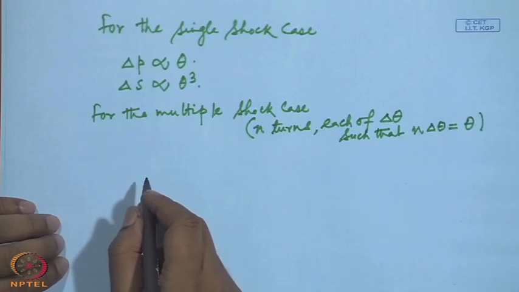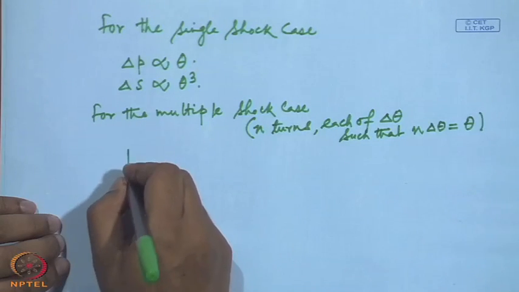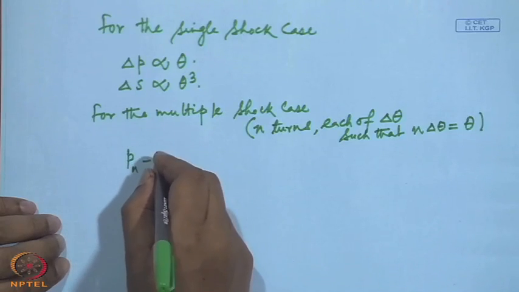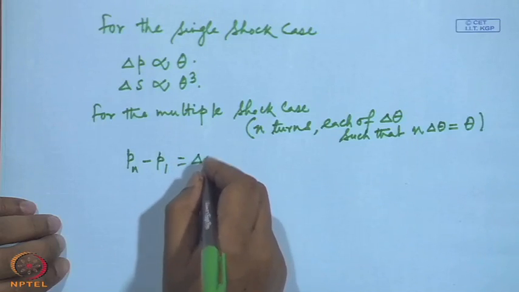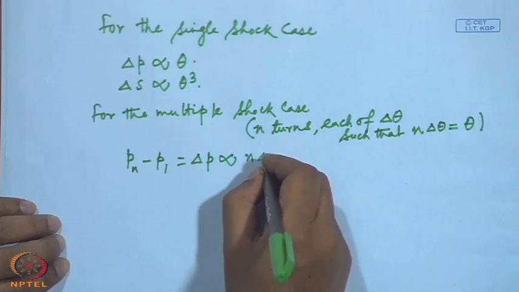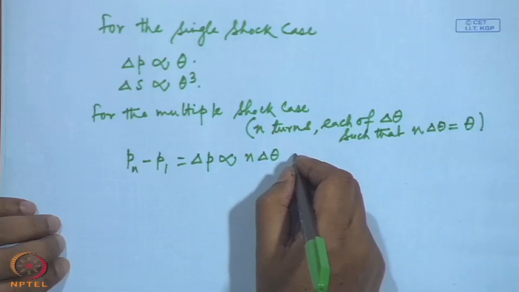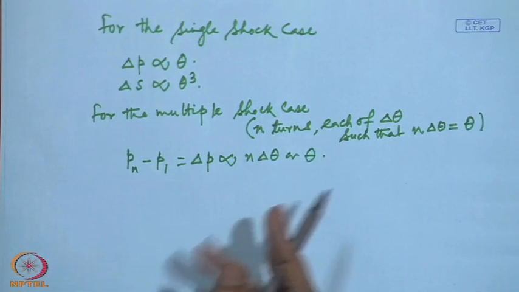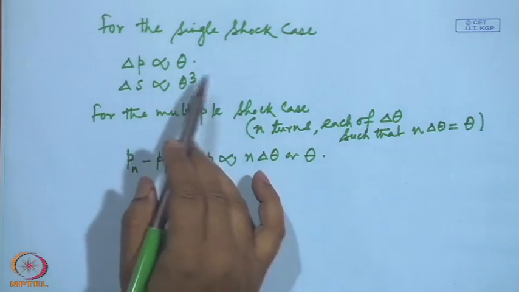Then let us say that the final pressure is Pn, minus P1, that is again delta P, is proportional to n into delta theta, that is theta. That is once again the pressure rise is the same as you would have obtained by turning the flow with a single shock.